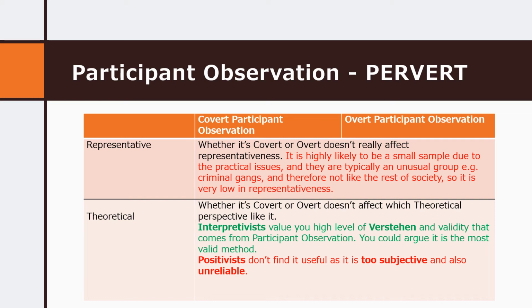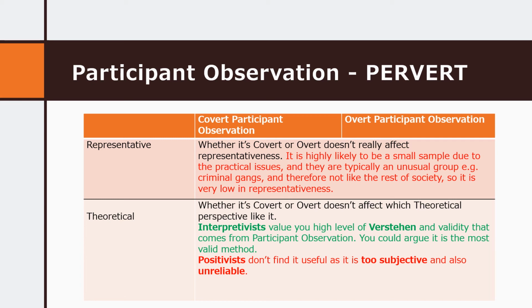With the drug gang in Venkatesh, there were more people involved, but they're so far removed from normal life, because participant observation is usually done on a unique or unusual group, tending to be criminal or certainly deviant, and not like the rest of society. So it's very low in representativeness, generally speaking.